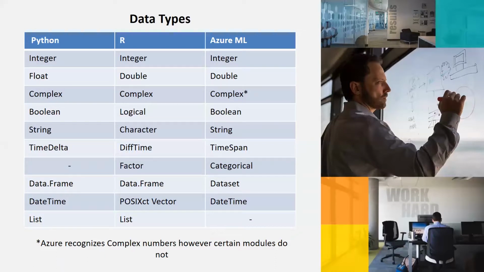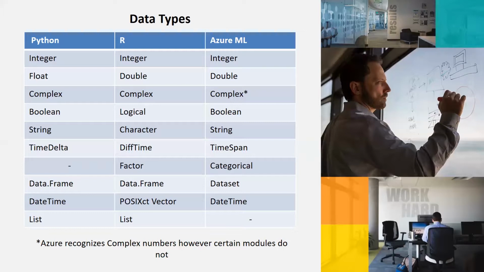So now we're getting to the data types. We try to group all the data types so that every line is an equivalent. One thing you'll notice is that list is a type that's really commonly used in Python and R, but it's completely absent from Azure Machine Learning.